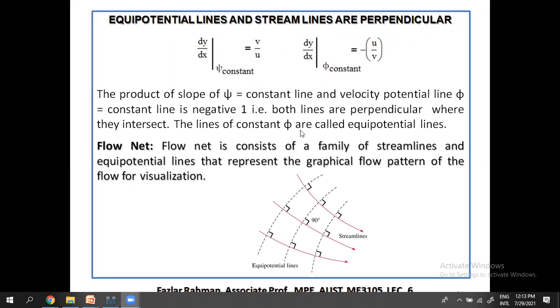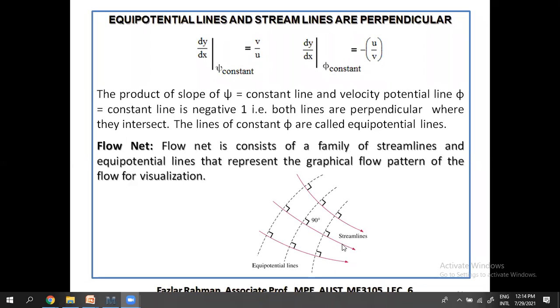The line of constant phi is also called an equipotential line. Equipotential line means along that line, the velocity potential of the fluid particle will be the same. So you see in the bottom, you see a group of streamlines with pink color with arrows. And these are equipotential lines with black dotted lines.